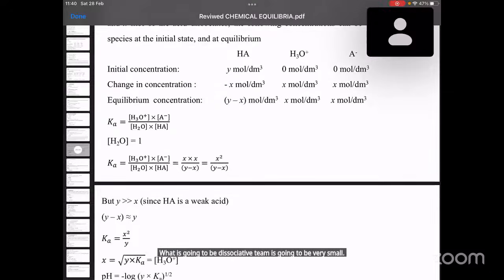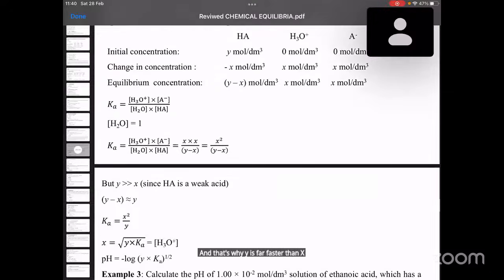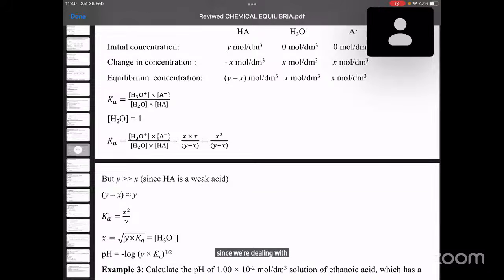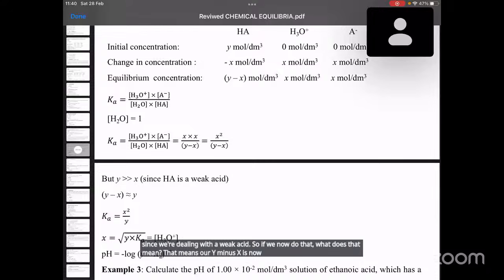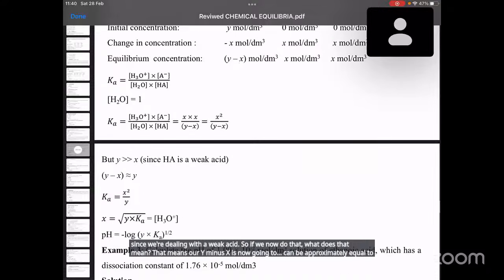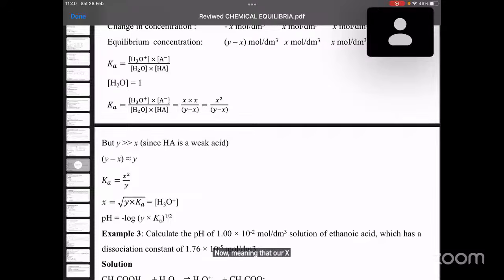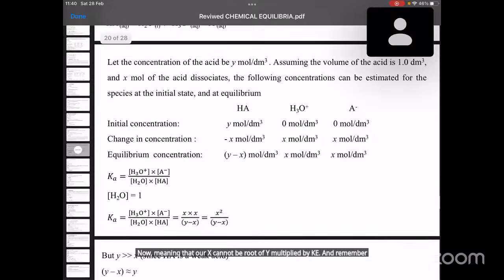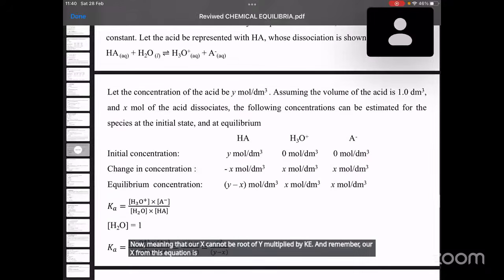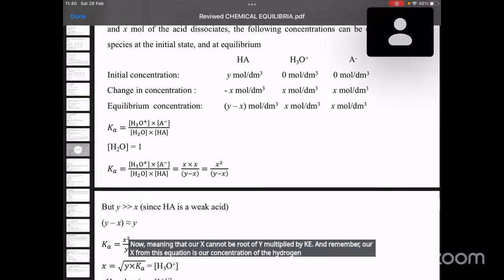And that's why Y is far greater than X. So Y minus X can be approximately equal to Y, meaning that our Ka can be equal to X squared divided by Y. Meaning that our X can be the root of Y multiplied by Ka. And remember, our X from this equation is our concentration of the hydrogen ion.